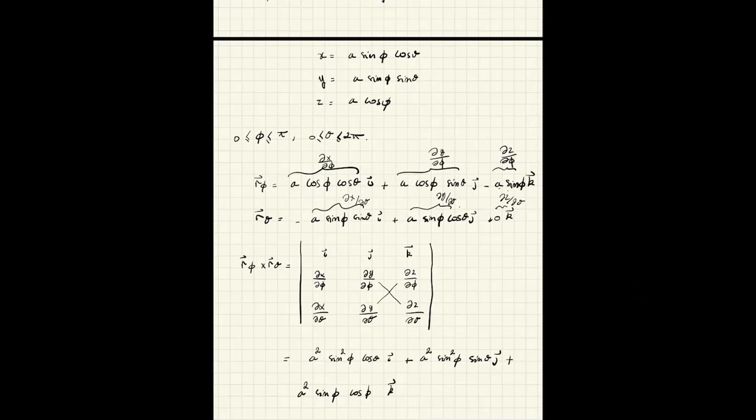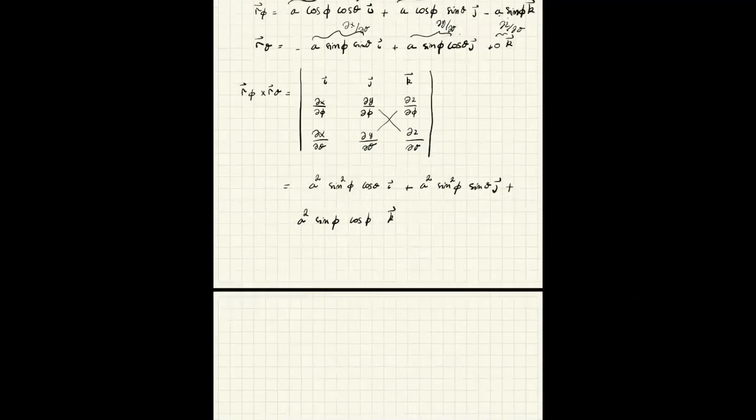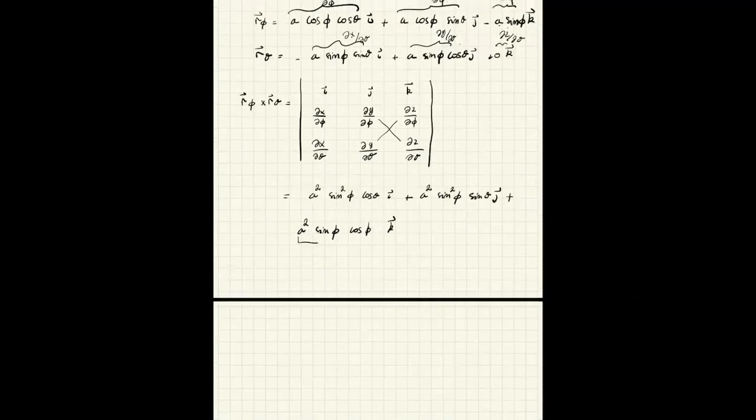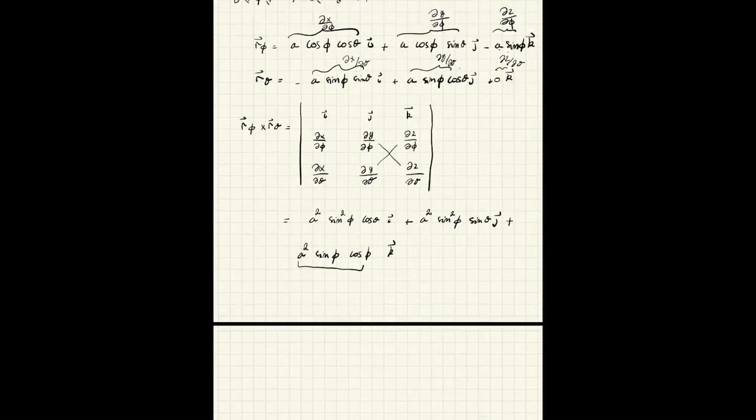So for this one, for example, you'll need to use the identity cos square plus sine square is equal to 1. Okay, so just make sure that the calculation is okay.